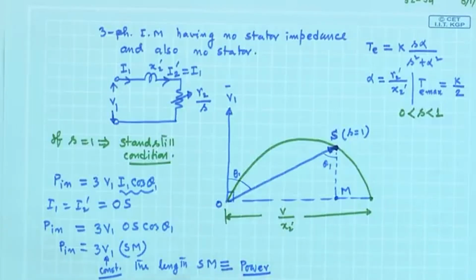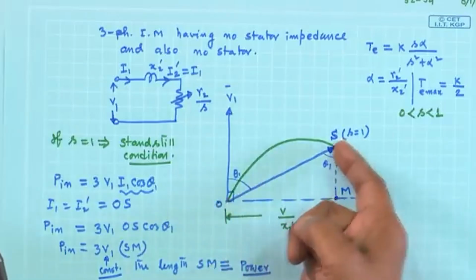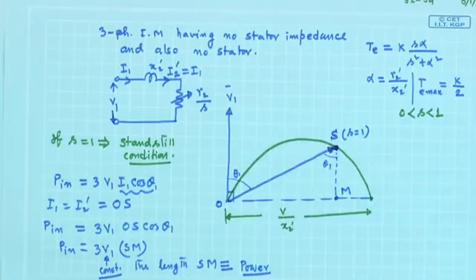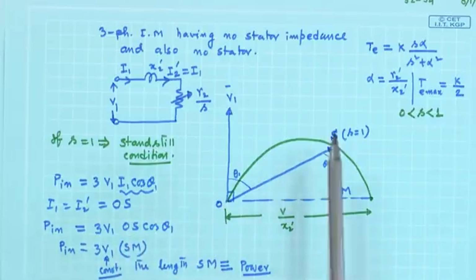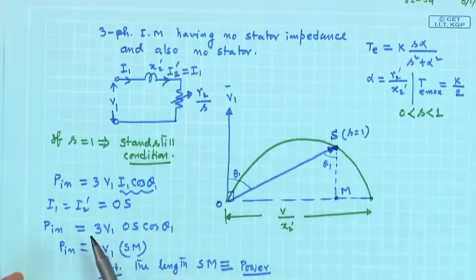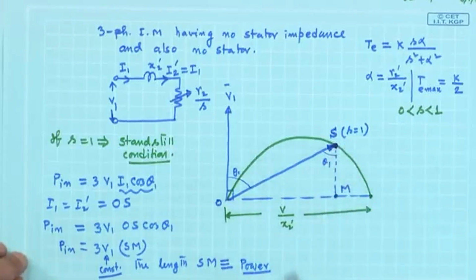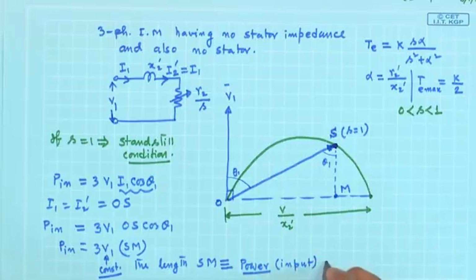Although we have drawn this circle based on a current scale, if I know OS cos theta 1, that is SM, multiplied by V1 it gives you power. So, in some other scale I can choose and say that the length SM represents the input power in this case. So, this is the power input, when? At standstill condition.